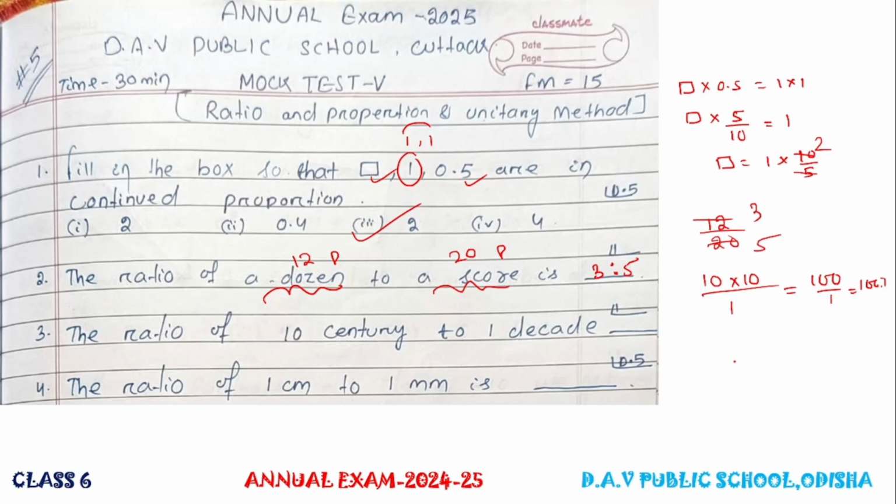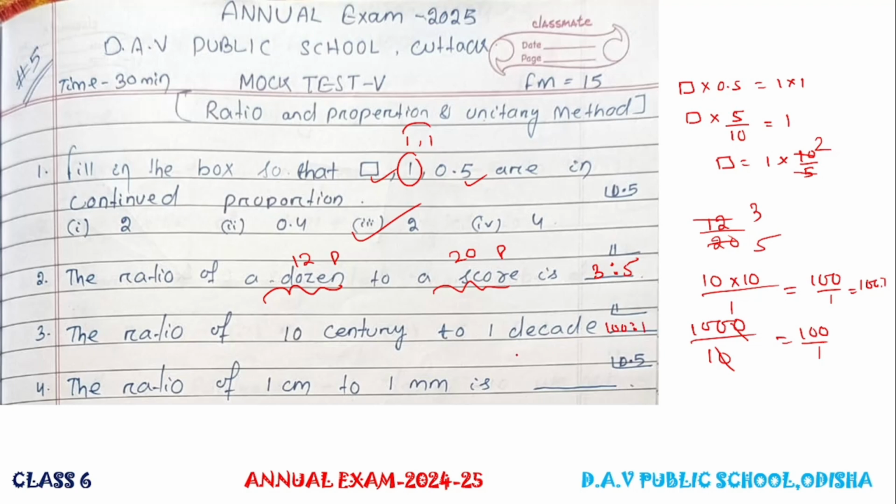Also you can solve by the other method. 1 century is 100 years. So 10 centuries is 1000, divided by 1 decade, that is 10 years. So the 0s cancel. The answer is 100 by 1, or 100 is to 1.